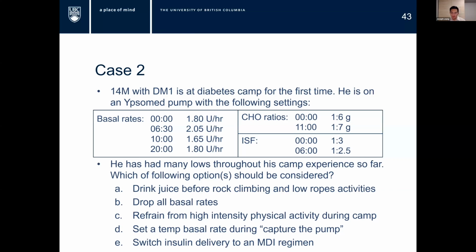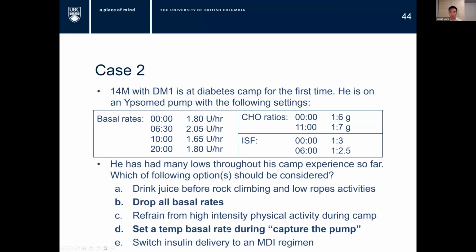And as their body becomes so much more sensitive to insulin because of that, they can have lots of low blood sugars. I don't know that I would necessarily drink juice before every rock climbing session or every activity in order to manage those lows, but rather I think what I would do is drop all the basal rates.